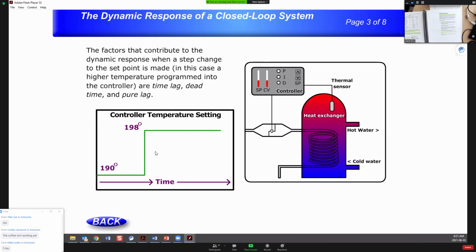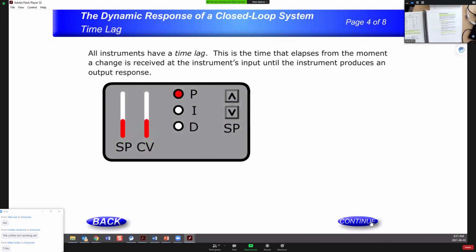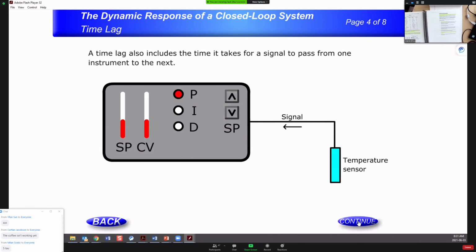You might want the temperature to increase by 8 degrees. That's the operator making the change down here. Now all the instruments have time lags. This is the time from the moment the change is received until it produces a proper output signal to do the correction. And also the temperature sensor takes time to respond to temperature changes.